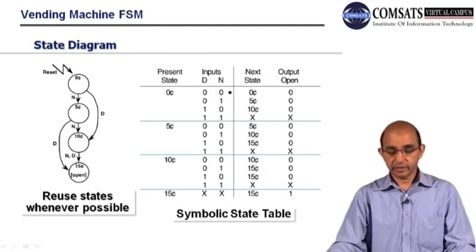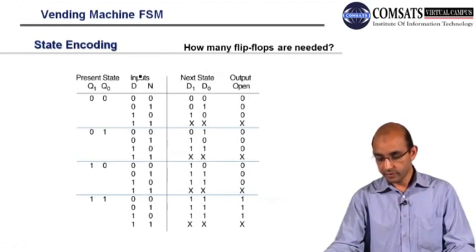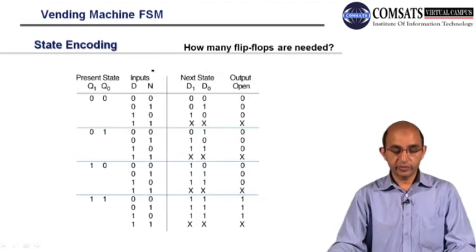From this state diagram we have constructed the symbolic state table. Next, we have to encode those states 0 0, 0 1, 1 0 and 1 1.